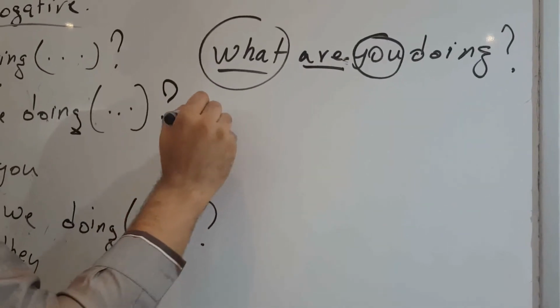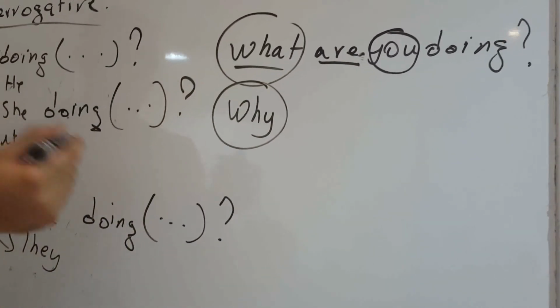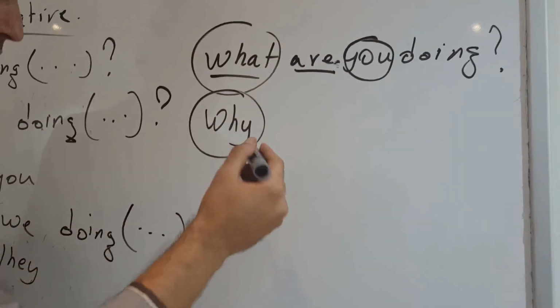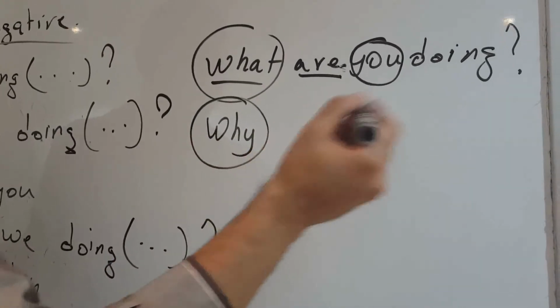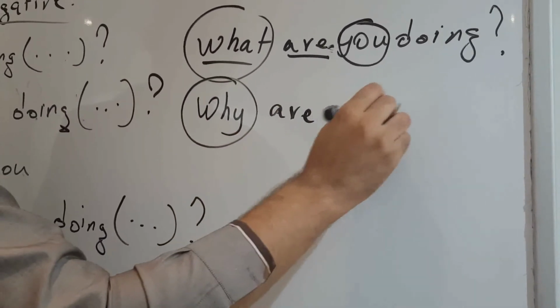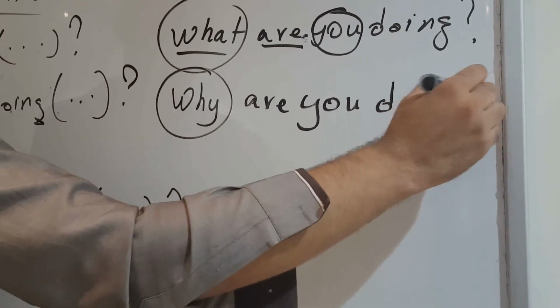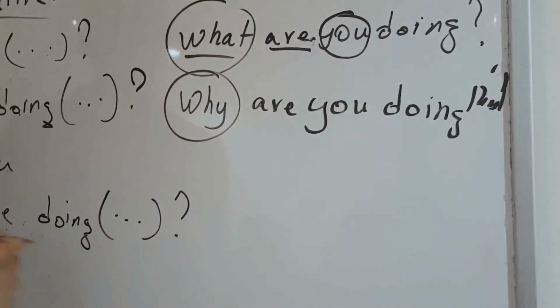Well, so here we say, for example, "why." Look, "why" is also used in order to ask a question. Well, why are you doing that? Here, "are you doing that," and we add the question mark.